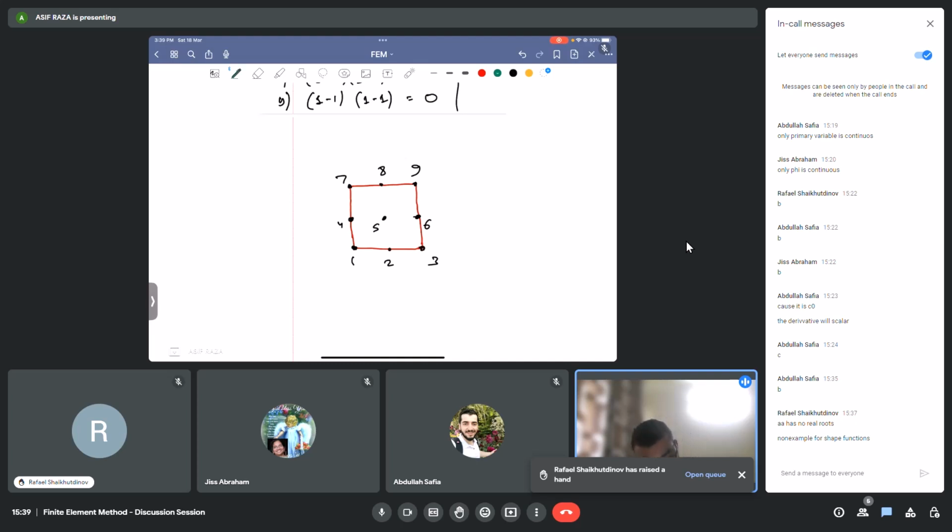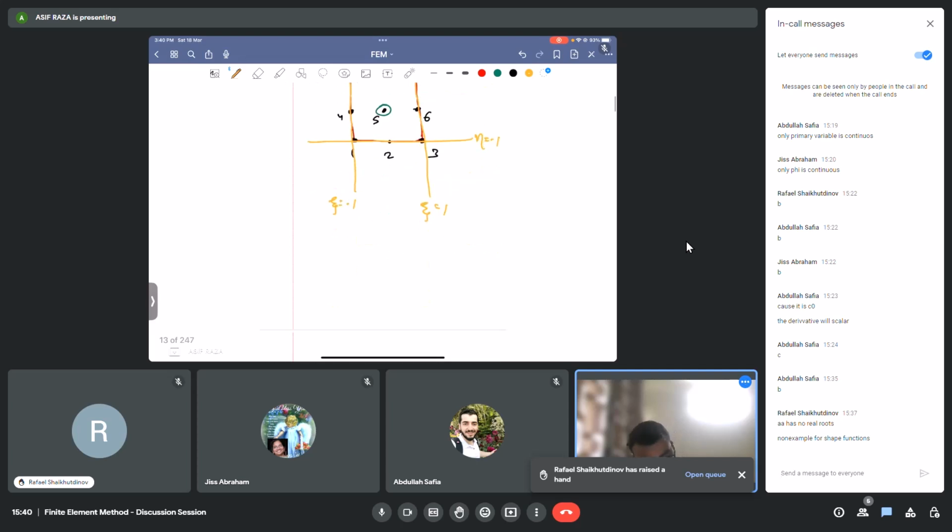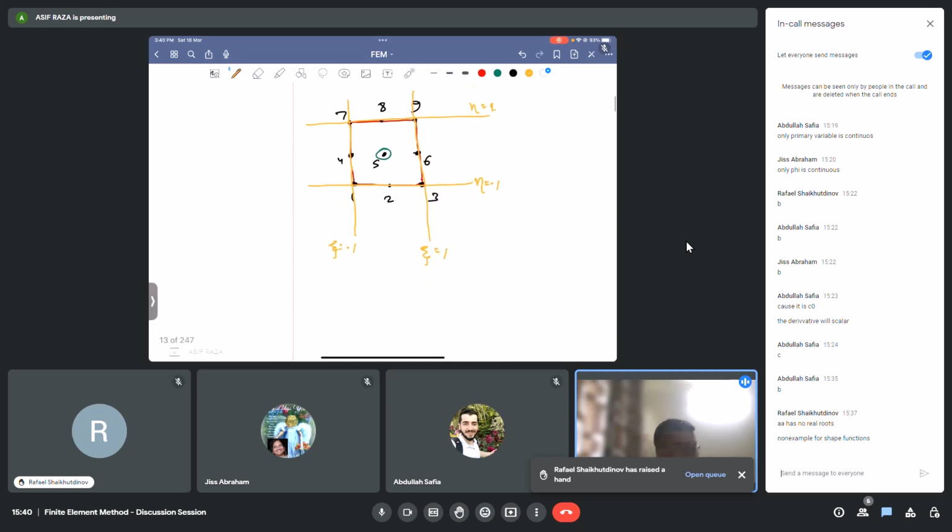We need to find the shape function at node 5. So we'll draw lines covering all the nodes except those passing through node 5. One line could be like this, one like this, one like this, and one like this. So this is xi equal to minus 1, this is xi equal to 1, eta equal to minus 1, and eta equal to 1. We have to cover all the nodes by drawing these lines.